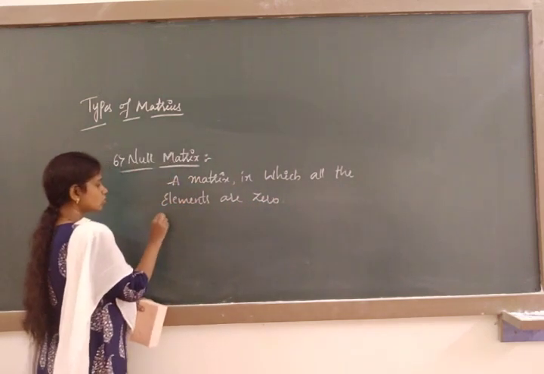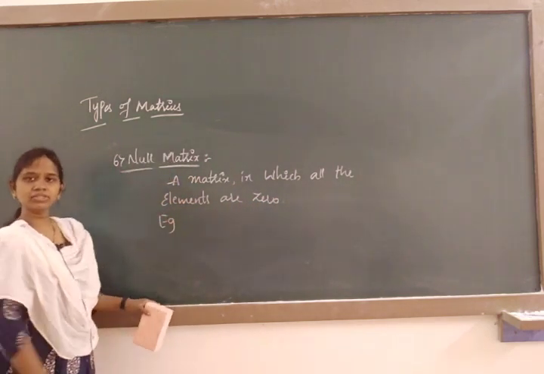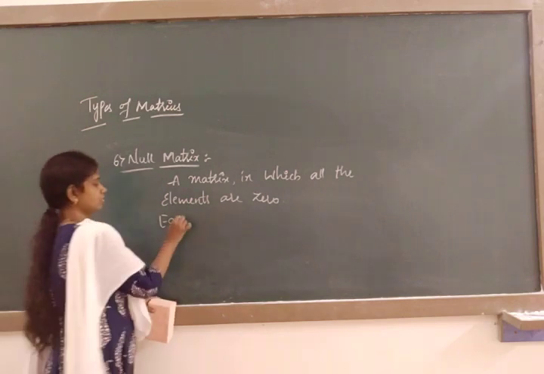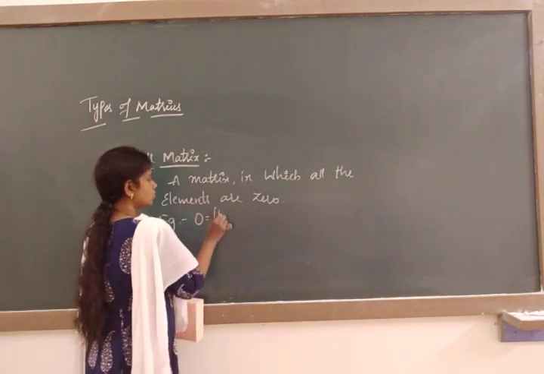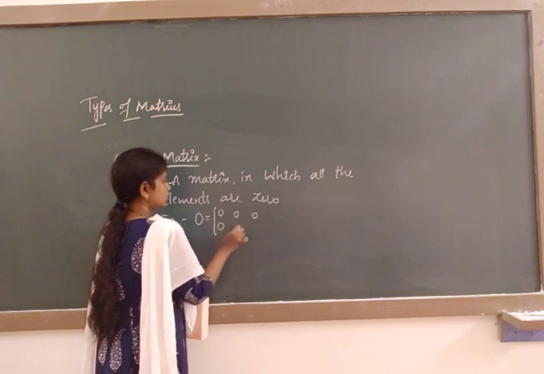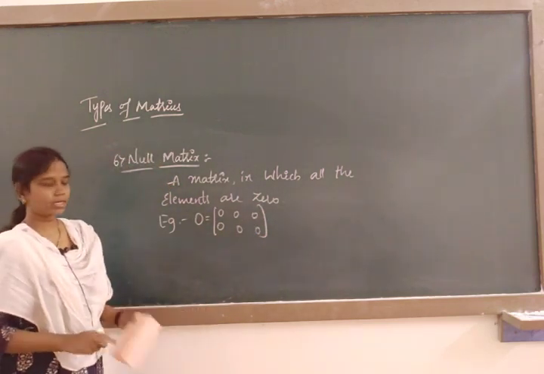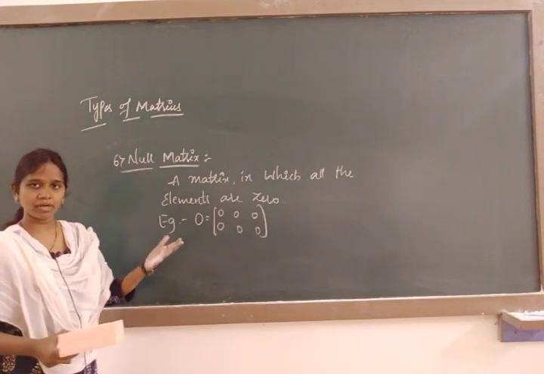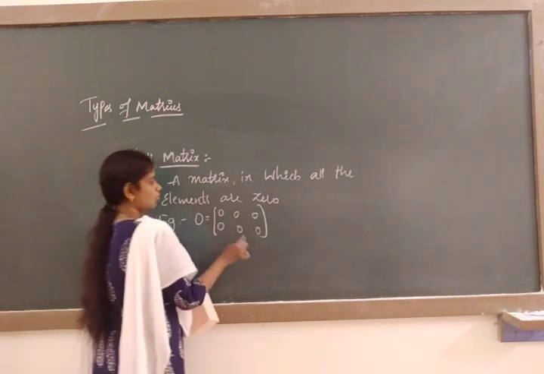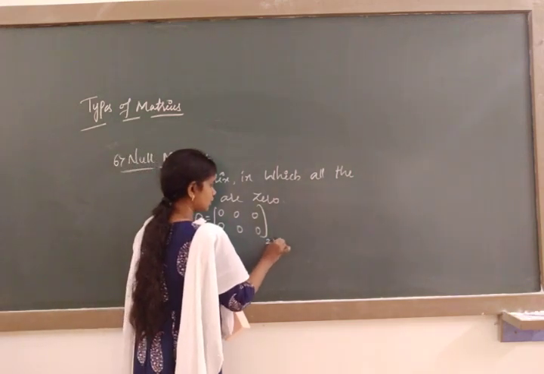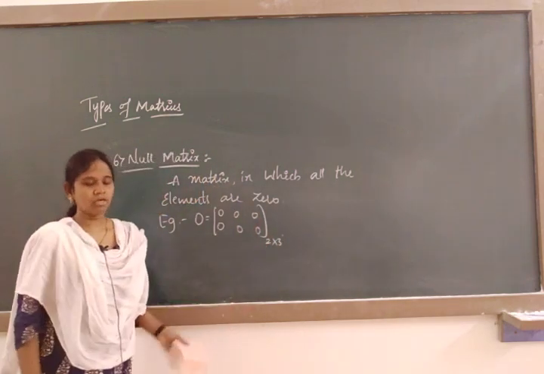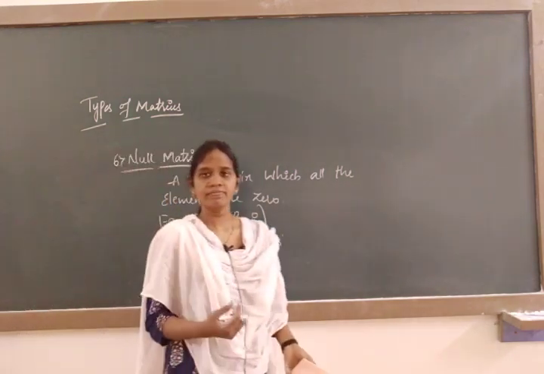Example, the null matrix is always denoted by capital O. O is equal to [0, 0, 0; 0, 0, 0]. See, in this example I have not taken a square matrix. The null matrix may be a square matrix or of any order. So what is the order here? 2 cross 3.